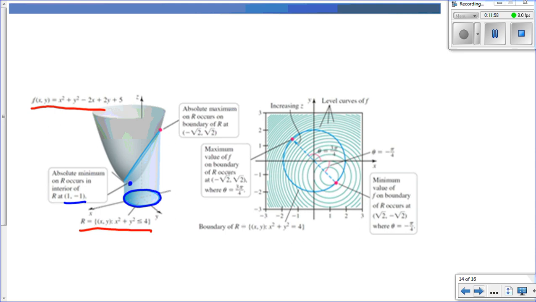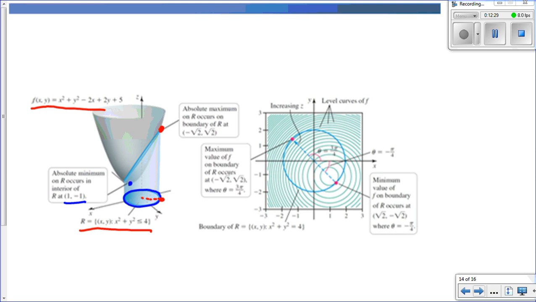When we looked at the boundary, we found two possible points. One here was where the angle was at 3 pi over 4. So we were looking at this point right here, negative the square root of 2, comma square root of 2, and it corresponded to this point on the surface that gave us that 9 plus 4 times the square root of 2, or approximately 14.7.